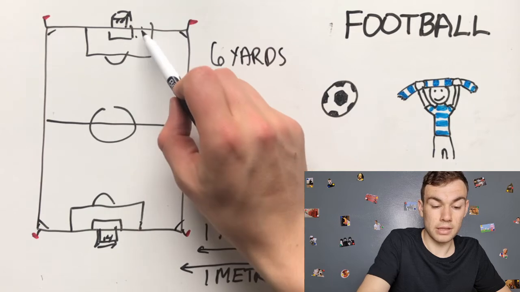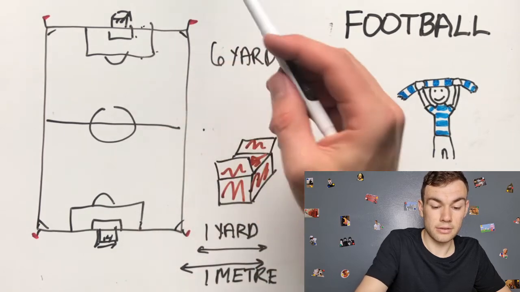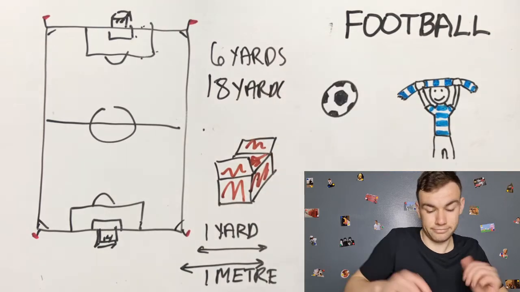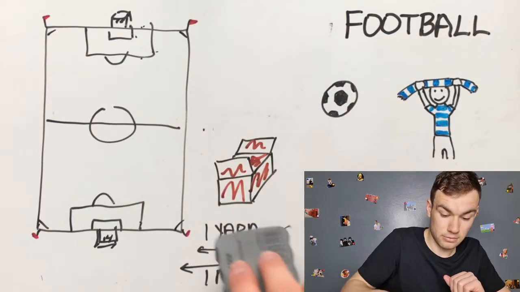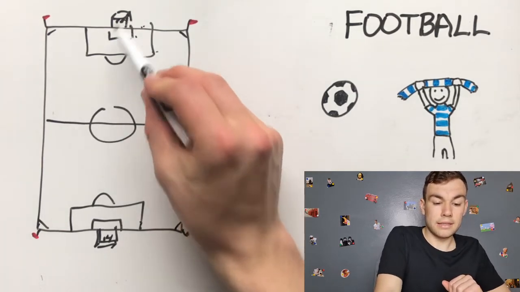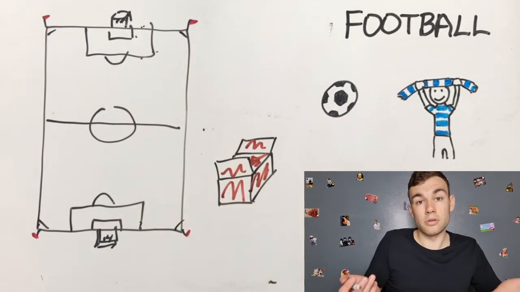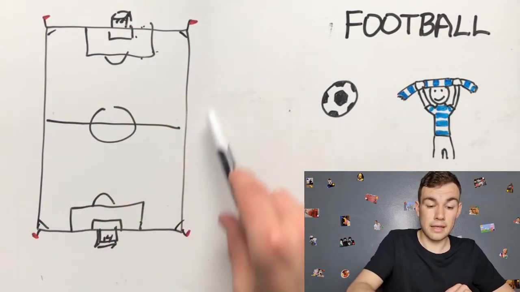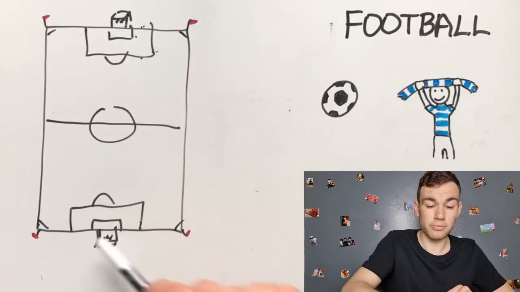And from the goal line to here is 18 yards. Okay. And these are, of course, the goals. Okay, so this is the football pitch.